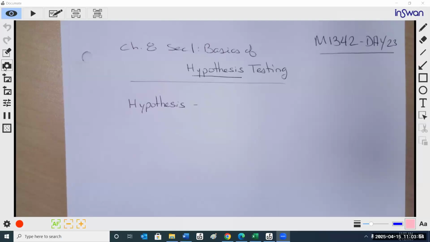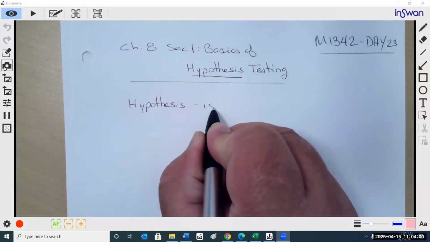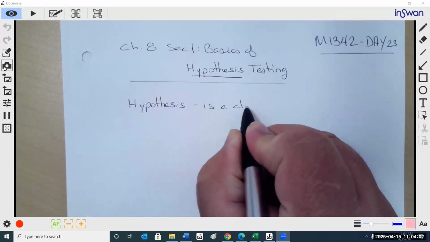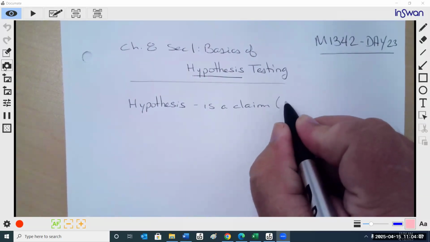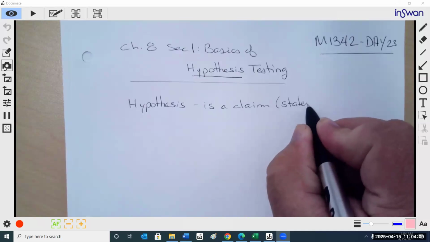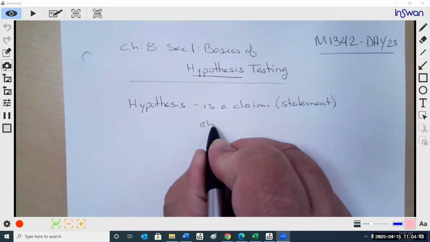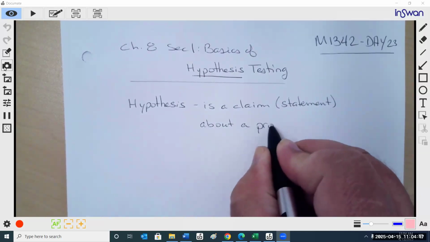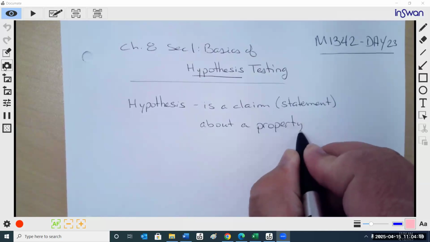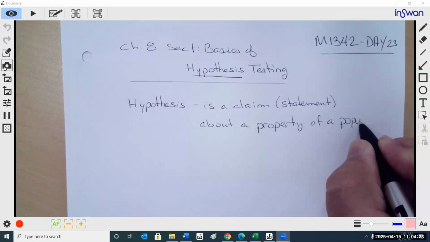You've heard this before. People say the hypothesis is this. A hypothesis is a claim or a statement about a property of a population.